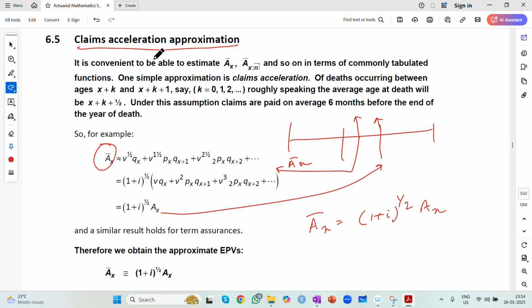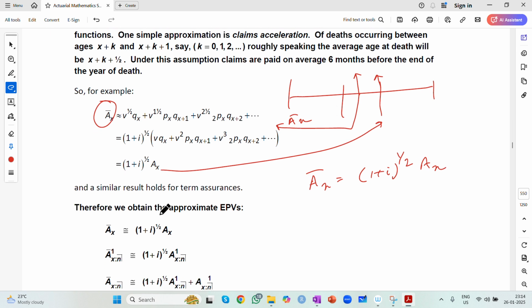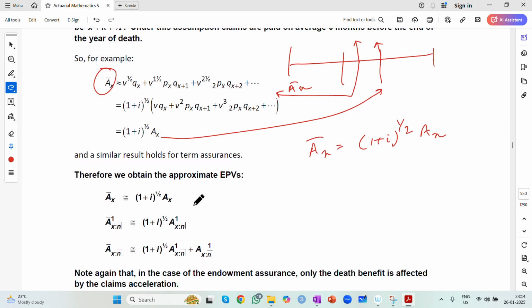So the claim acceleration principle says the approximation will be 1 plus i raised to half multiplied with the Ax. Applying exactly the same logic, this can be applied for conversion from the expected present value of discrete term assurance payment to the expected present value of continuous term assurance payment.